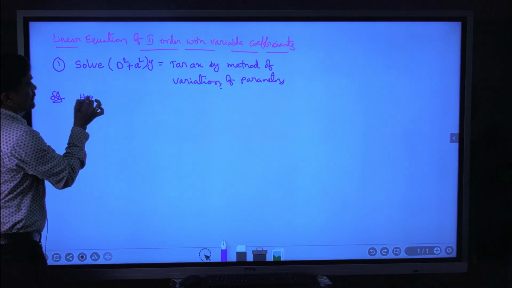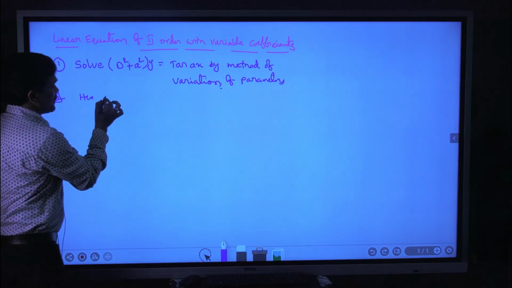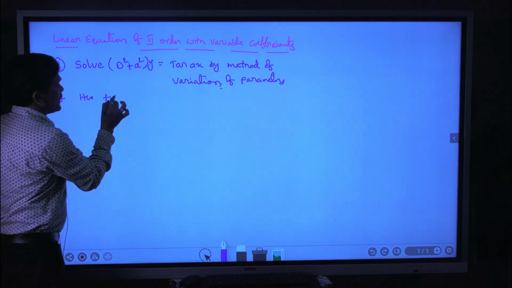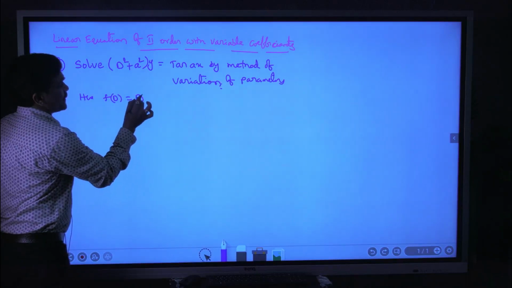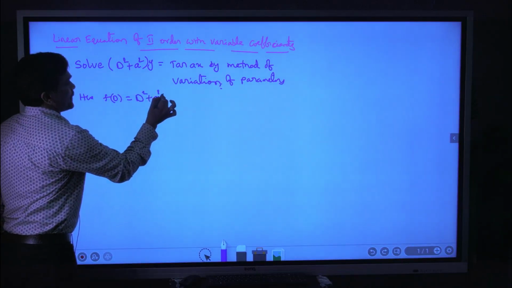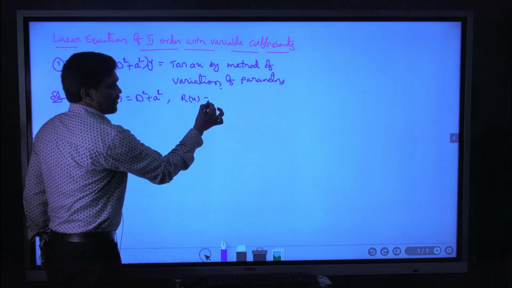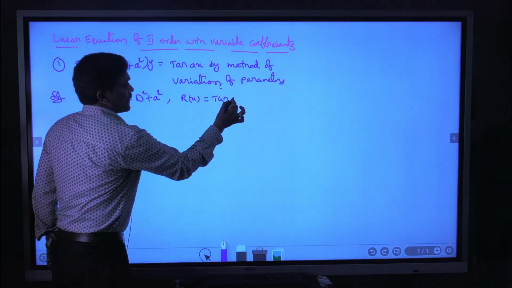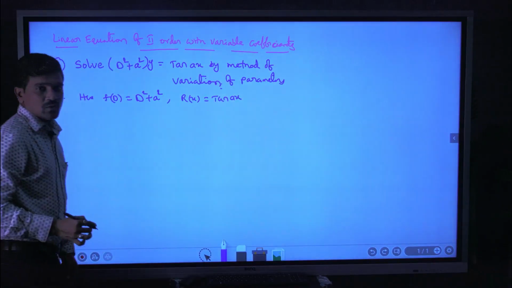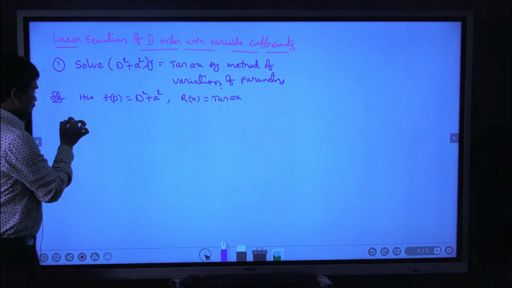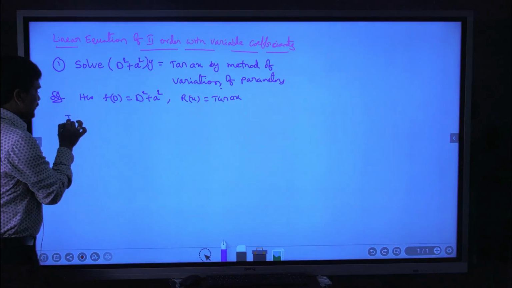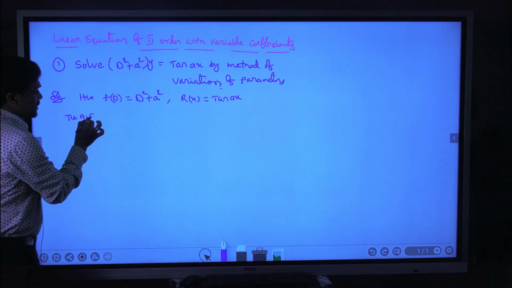Here f of D is D square plus a square and r of x is tan ax.